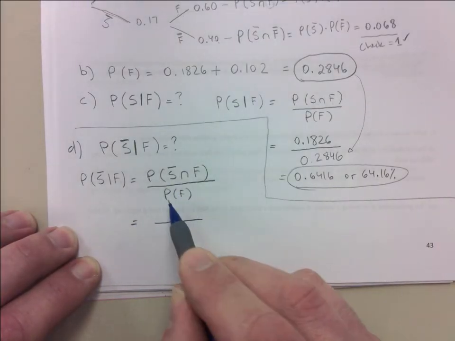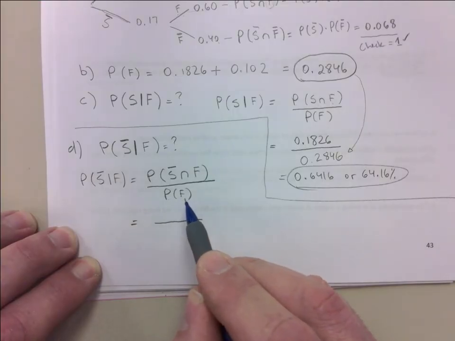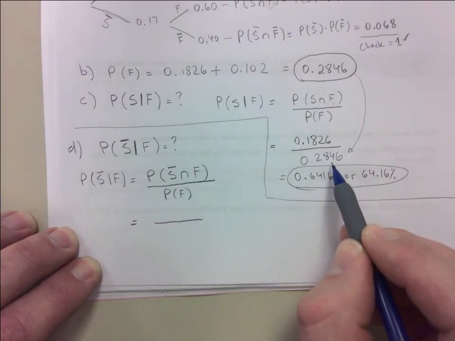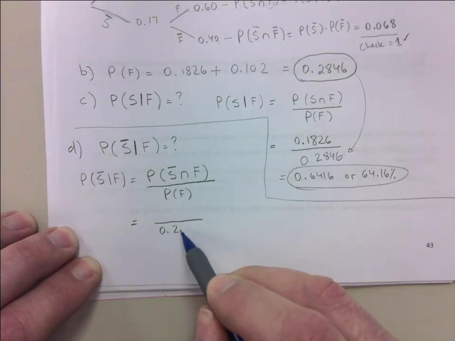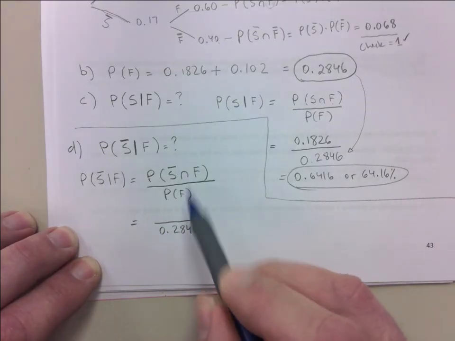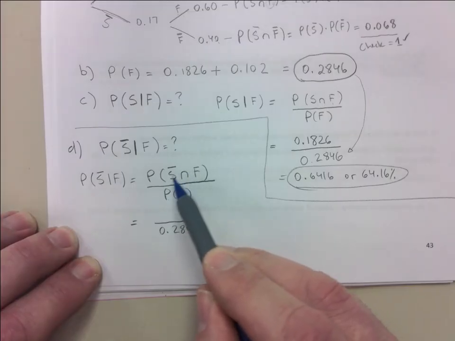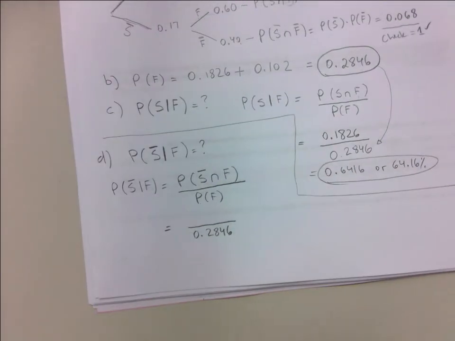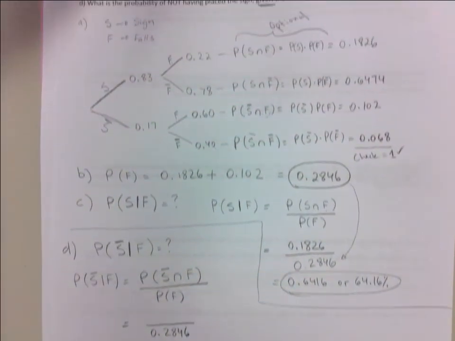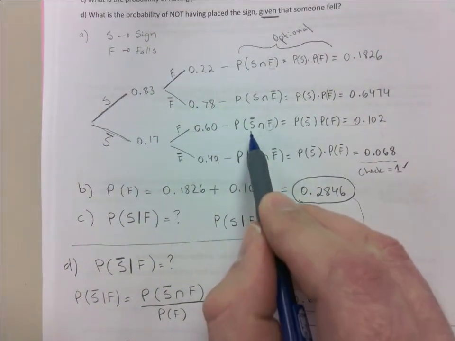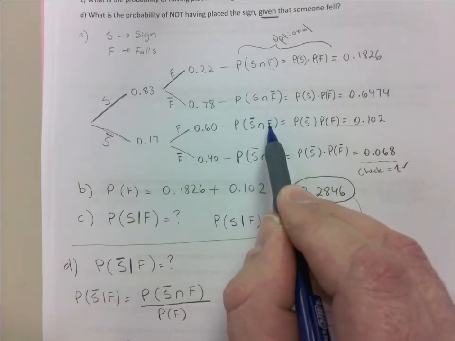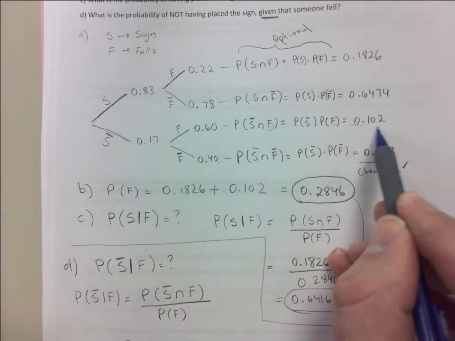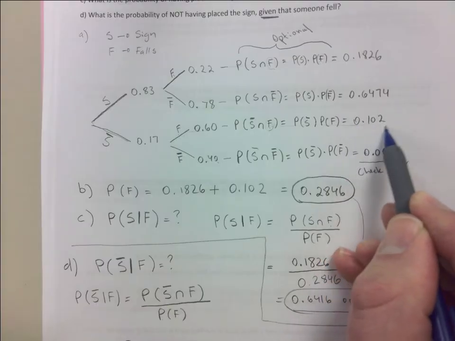Do we already know probability of someone falling? Yes, it's 0.2846. So let's go ahead and get it out of the way. It's this one that we need to go find. Let's go find it in our tree diagram. Not having put the sign up and someone fell. It's this one in particular. It's that one case right here.